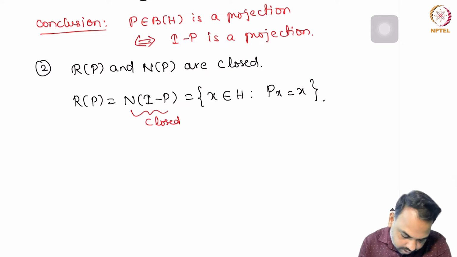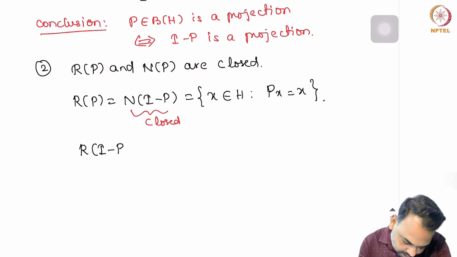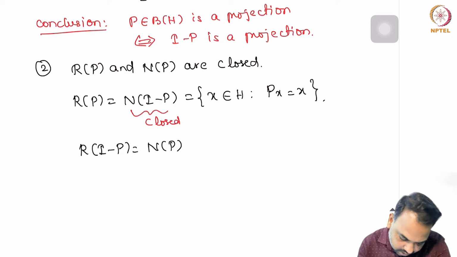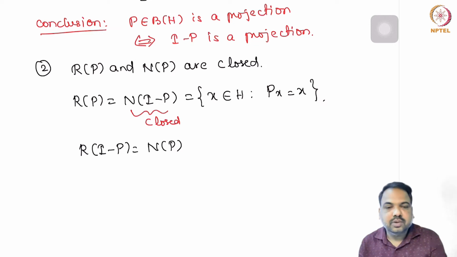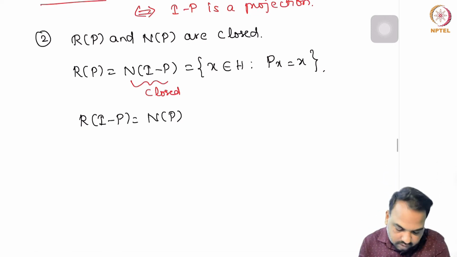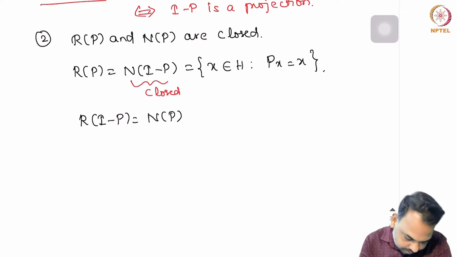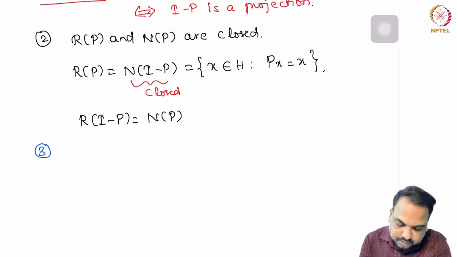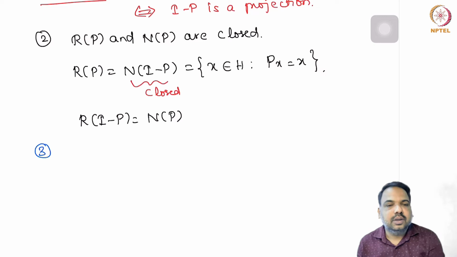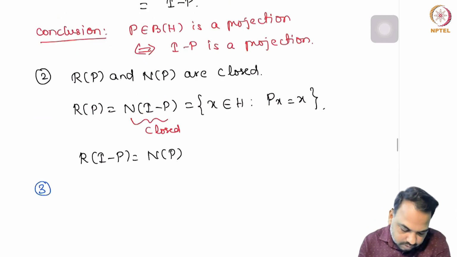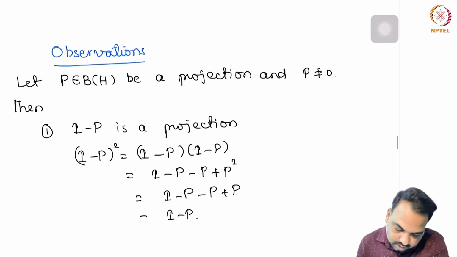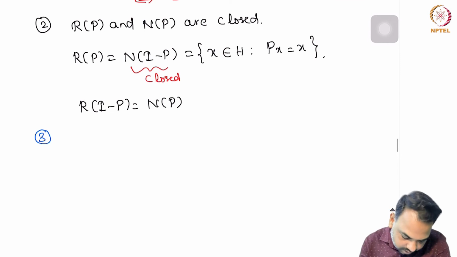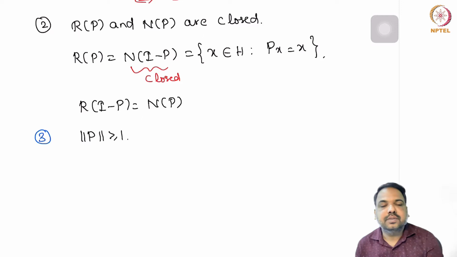Okay, so we can also observe that range of I minus P is nothing but null space of P. This we can easily prove using the same trick that we used above. If P is a projection, we assume that P is an idempotent which is non-zero, so we can say that norm P is bigger than or equal to 1.